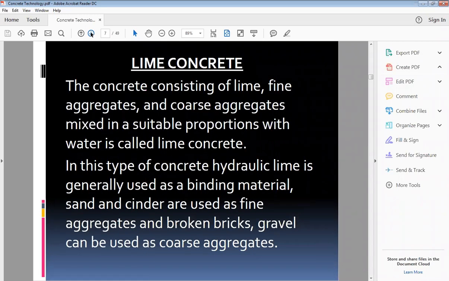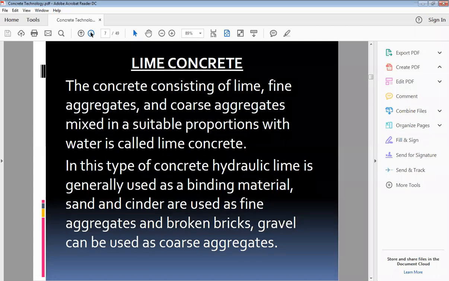Next is lime concrete. It is the same as cement concrete, but the change is that we use lime in place of cement. When we talk about cement, there is a large percentage of lime in cement concrete also. Basically, lime is the material which has the property to bind materials together, which gives strength at a later stage.